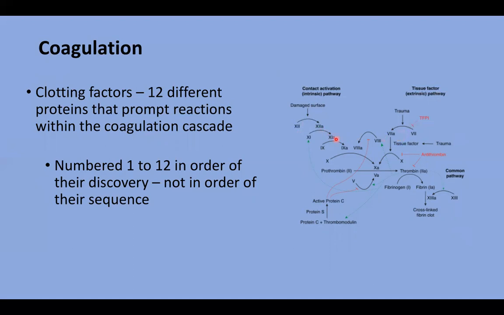They both go through this cascade ending with factor 10. And fibrinogen is factor 1, so it's totally not in order. That happens a lot in science where they figure out that something exists and they number them, and then years later they find out, oh wait, they don't work in that order at all. But by then it's too late, and they don't want to renumber them because of confusion anyway. I don't know, it's just messed up. Sorry.